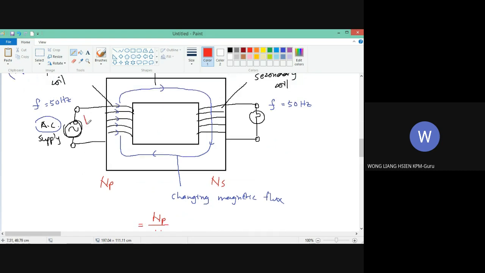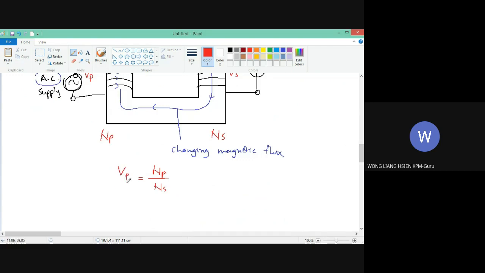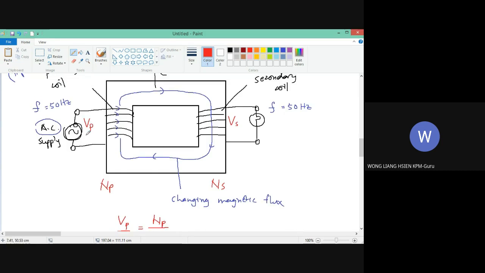That means the voltage in the primary coil and the voltage in the secondary coil will have the same ratio. So if the primary voltage is 10 volts, and the number of coils in the primary coil is 50 turns, and the number of coils in the secondary coil is 100 turns, then the voltage will become 20 volts.